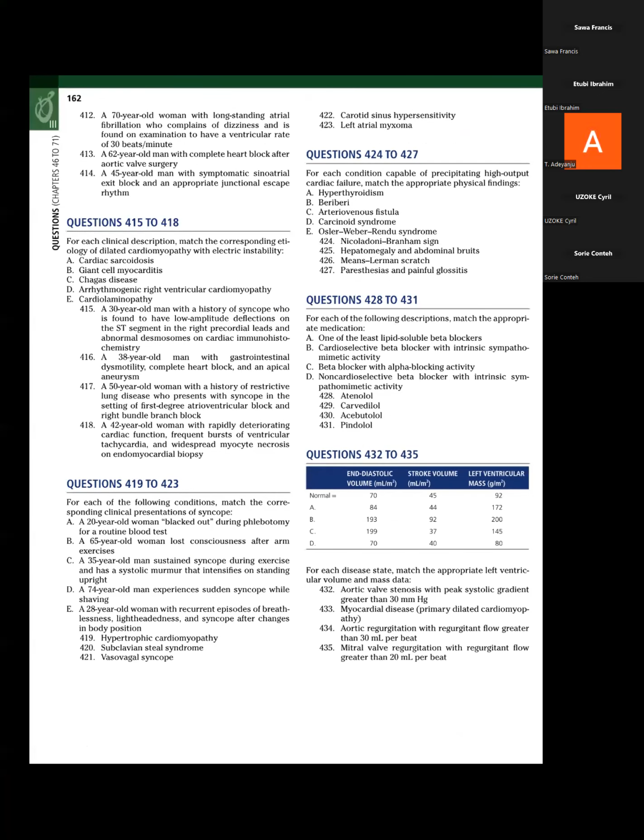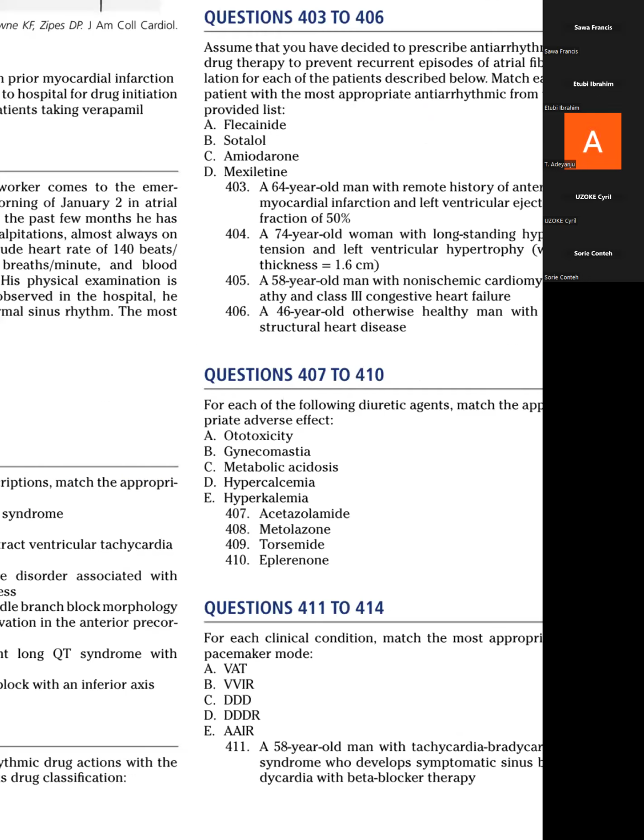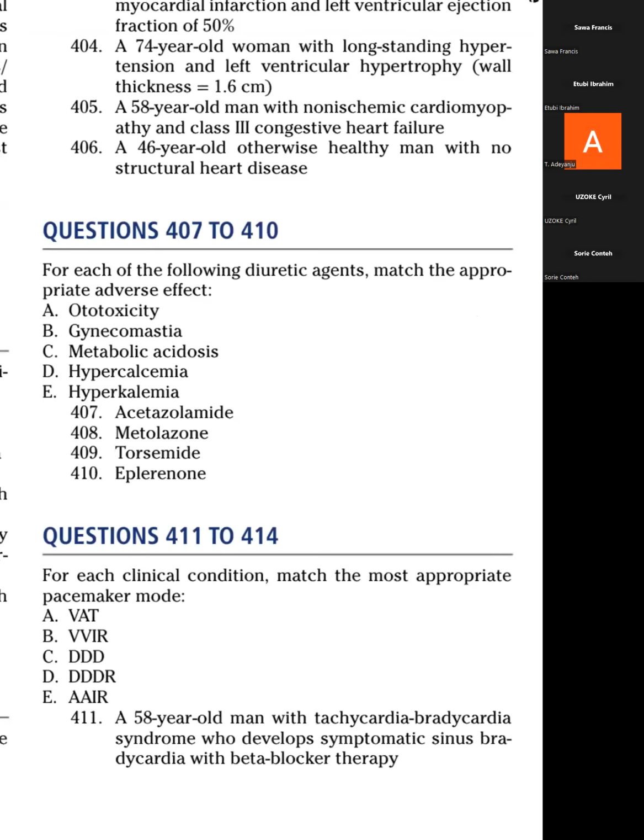Will it be VAT, VVIR, DDD, or DDDR? For this patient that already has a complete heart block, what the patient will need is a dual chamber pacemaker that can pace, sense, and then inhibit or do tracking as well. That will be the preferred pacemaker for this type of patient.